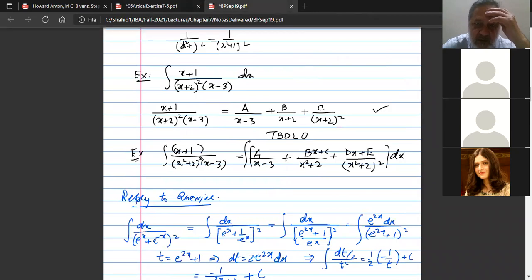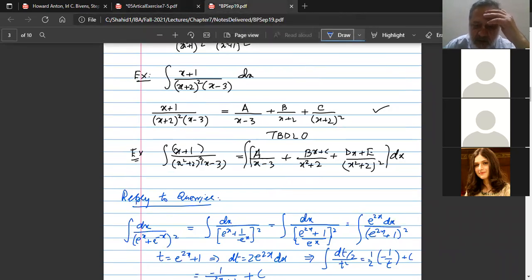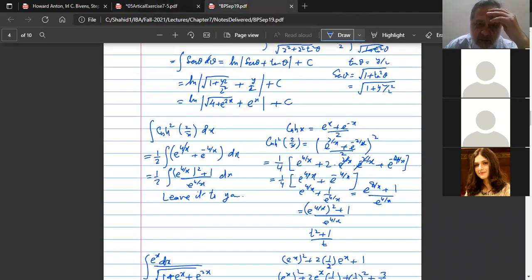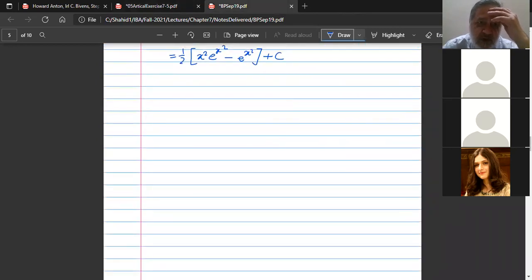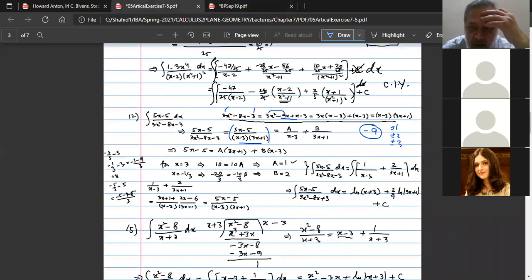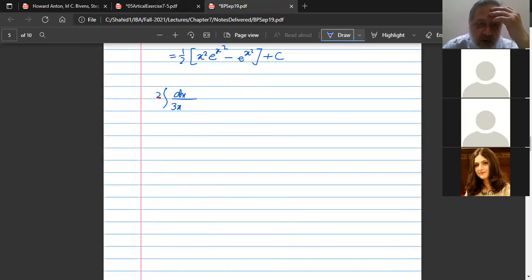In what way? What was there apart from the constant? I forget the constant. I need 3x + 1. Let's keep the constant too.